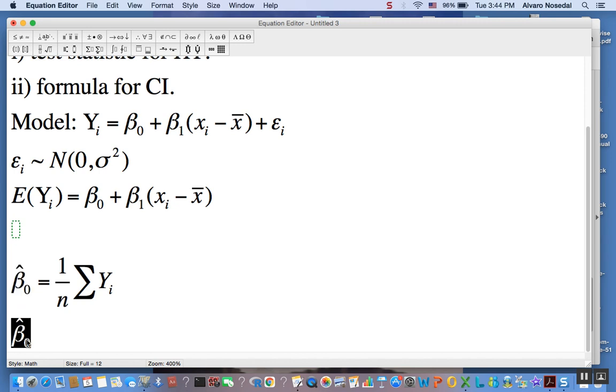Again, we have already seen what the estimator for beta 1, for the slope, would be, and it would be just the following ratio.